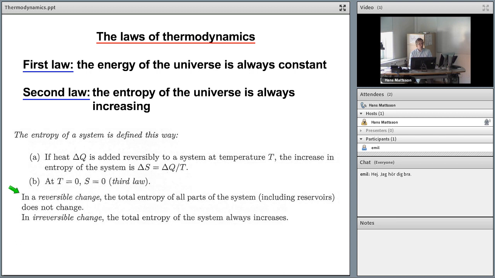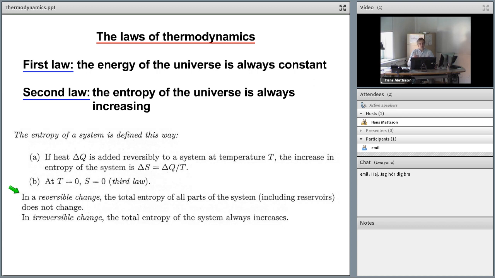And there are also other ways of stating the second law that come from the second law. If I, for instance, say that it is possible to convert mechanical energy into heat, but it's not possible to convert heat completely into mechanical energy.